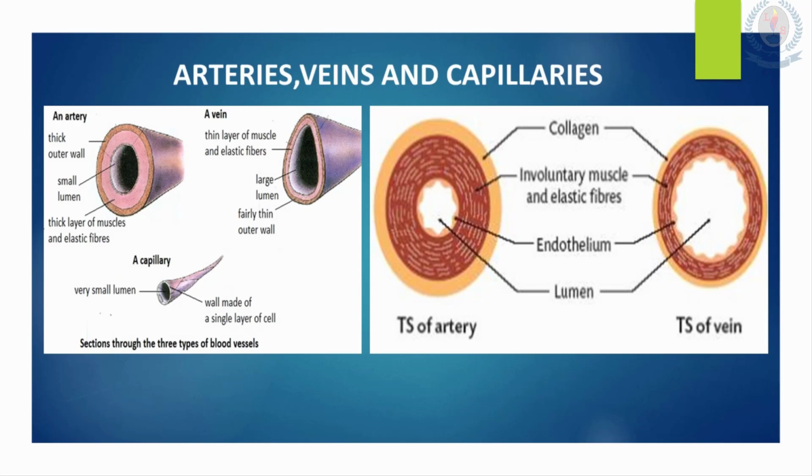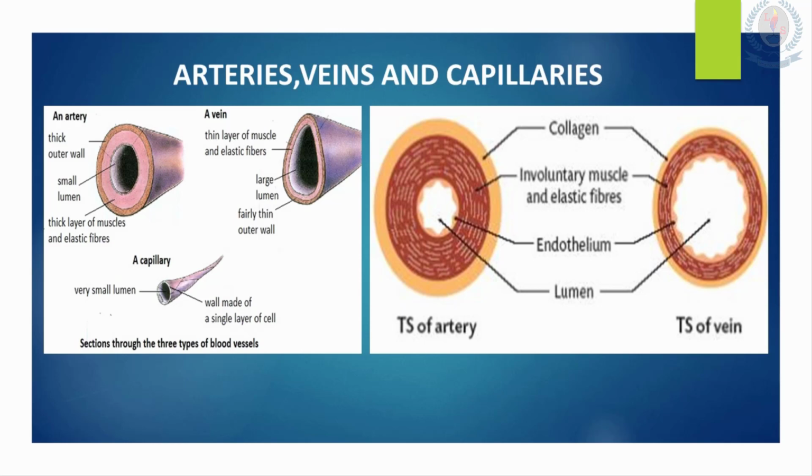And what about the capillary? Capillary has very small lumen and its wall is made out of a single layer of cells. Here you can see the transverse section of artery and transverse section of vein.